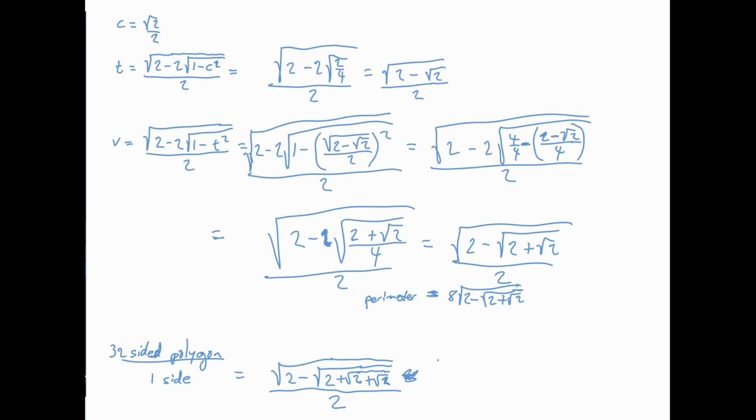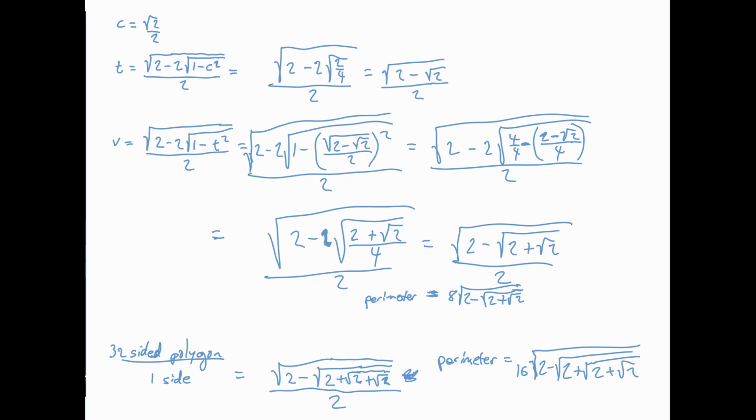So the perimeter would be equal to 16 times the square root of 2 minus square root of 2 plus square root of 2 plus the square root of 2.